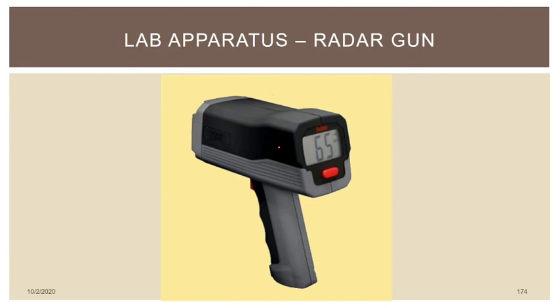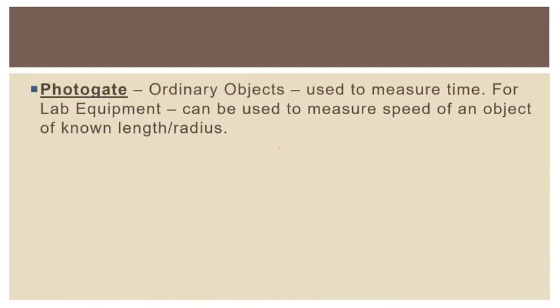And so I want you, before we go, to write this list, and that'll be it for today. The photogate for ordinary objects is used to measure time. For any of the pieces of lab equipment that we have, like carts in the lab that roll on these tracks, and we know how long the carts are, we can use these photogates to measure the speed of an object if we put the length into the computer.